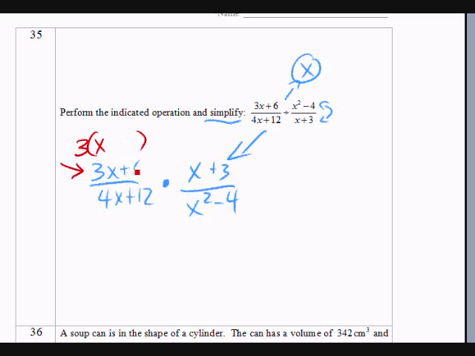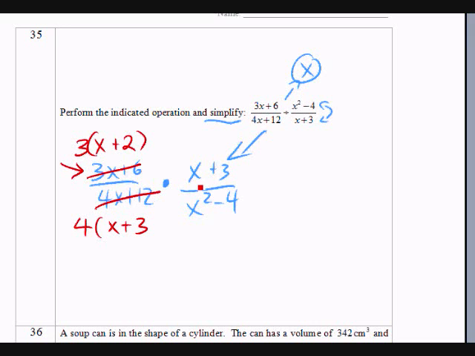And 3 times what gives you 6? 3 times 2 gives you 6, right? So working backwards from the distributive property, we have 3x plus 6. I'm going to cancel that out and we'll rewrite it as 3 times x plus 2. Same thing on the bottom. If you factor it out, you get 4 times x plus 3. Okay?